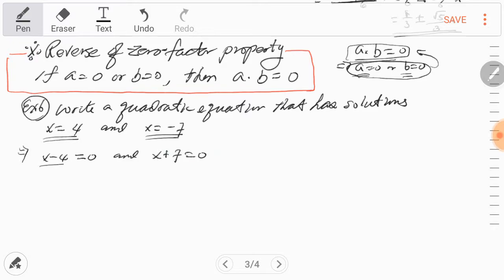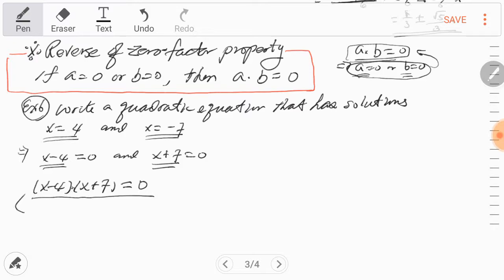So some expression is equal to 0. Then what happens if you multiply these two binomials, x minus 4 and x plus 7? Then the product has to be equal to what? 0. So this is the quadratic equation.